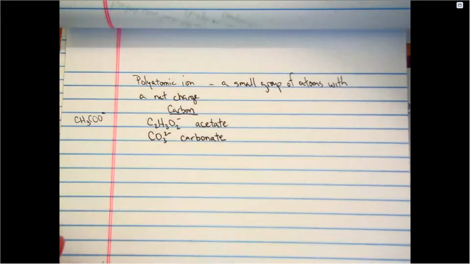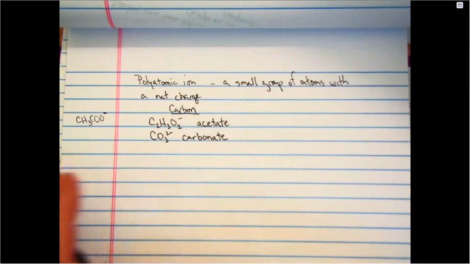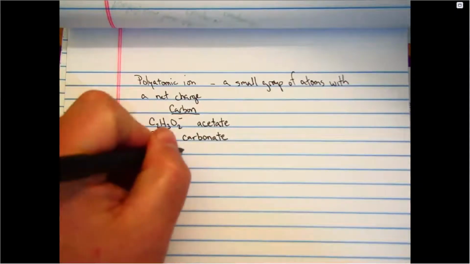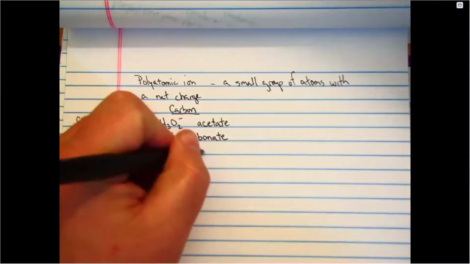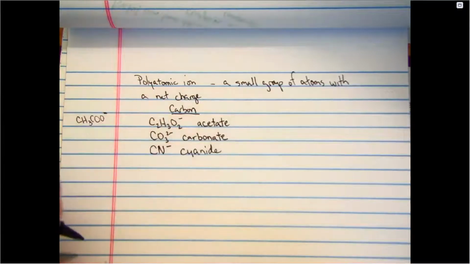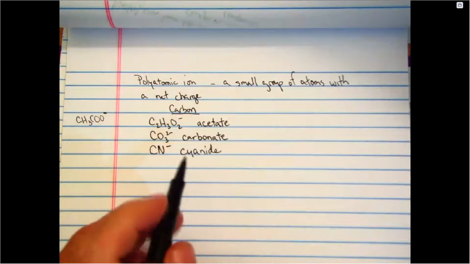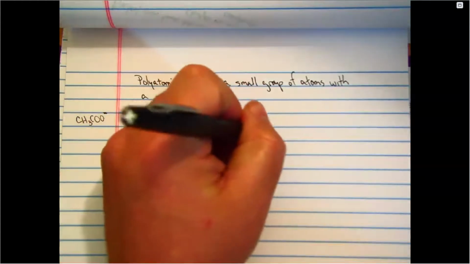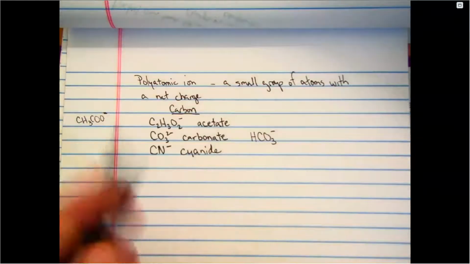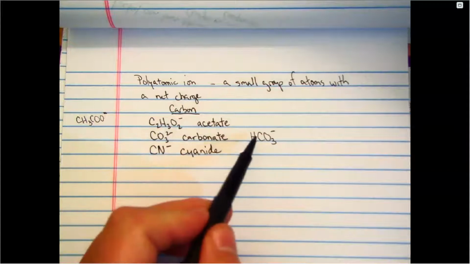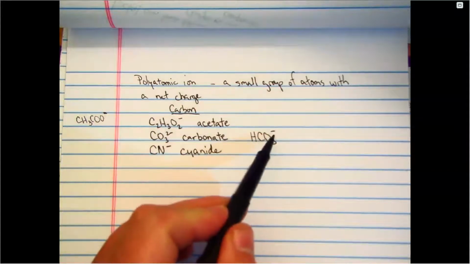CO3 with a -2 charge is the carbonate polyatomic ion. CN with a -1 charge is the cyanide polyatomic ion. And we'll do our first 2 for 1 here. If you remember carbonate, it's really easy to remember HCO3 minus. If we add an H plus to a CO3 2 minus, it cancels out one of those negative charges.